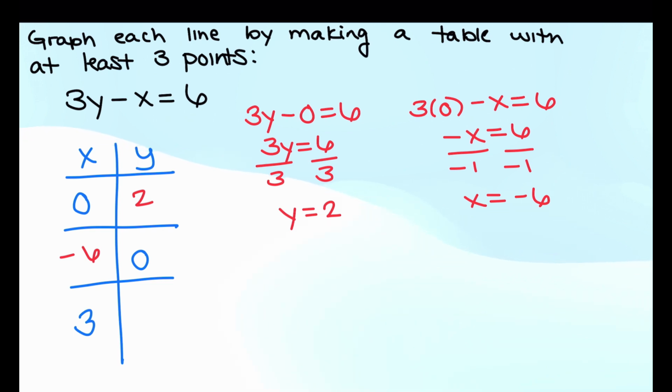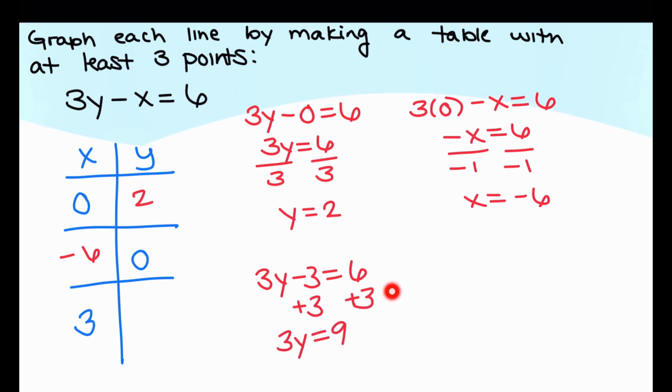So what if I choose 3 for x? I plug 3 in for x, so now I've got 3y minus 3 equals 6. To solve for y, we add 3 to both sides, so 3y equals 9. Finally, divide both sides by 3. 9 divided by 3 is 3, so y is 3. And there's my third point.